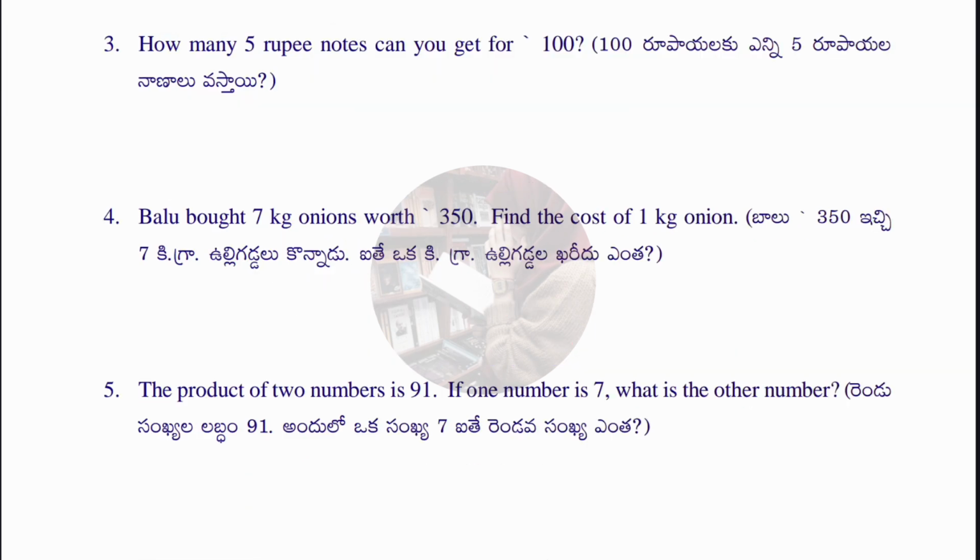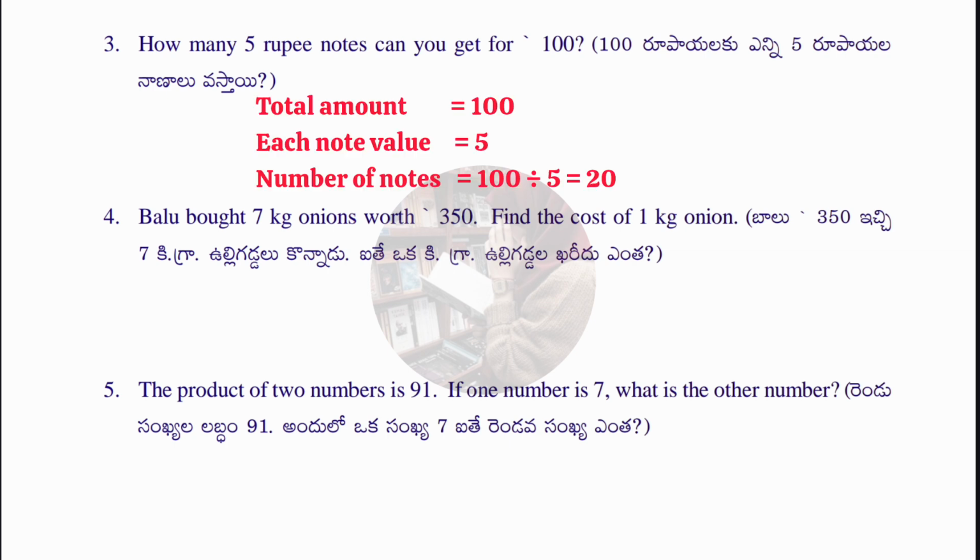Let's see the third question, which is how many 5 rupee notes can you get for 100? So here the answer is, total amount is 100. Each note value is 5. Therefore, number of notes will be 100 divided by 5, which is 20. Next, fourth question. Balu bought 7 kg onion worth 350.